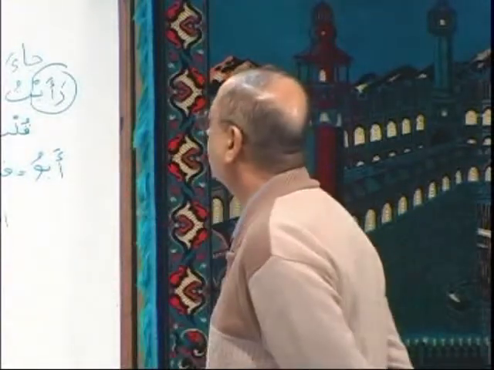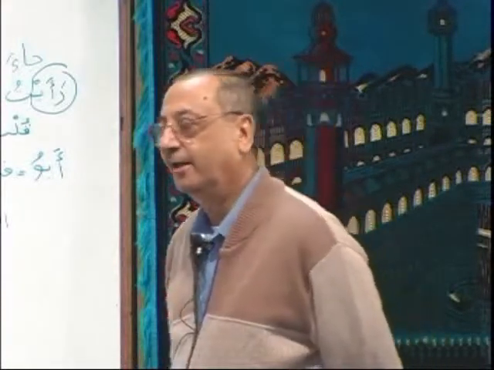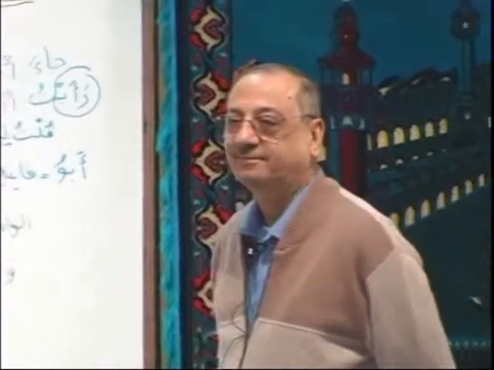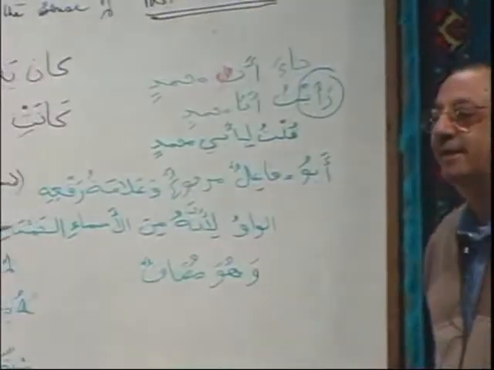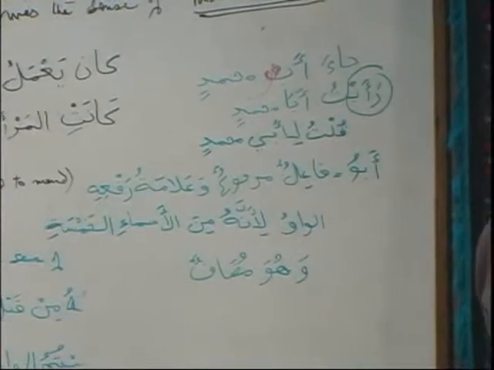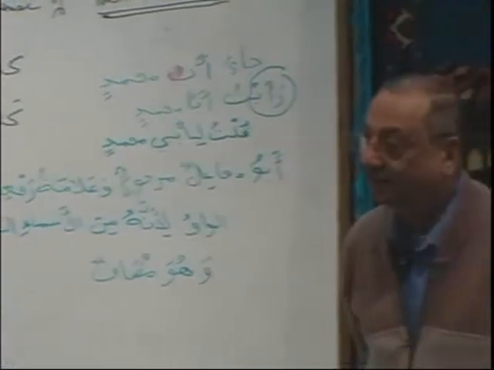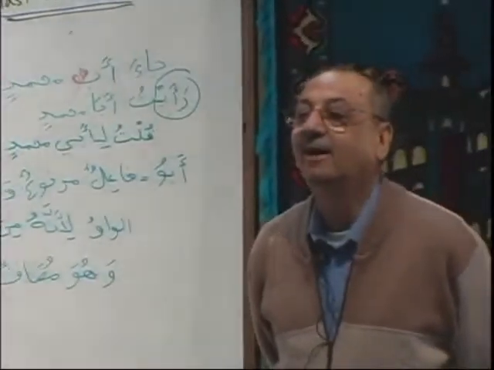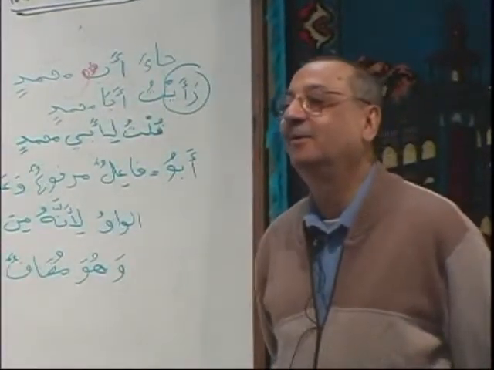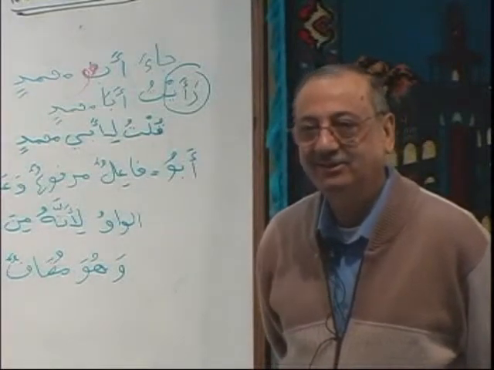Now I say to you, brothers and sisters, qultu li abi: harf jar. What is abi? Ism majrur. So how will you describe? Abi ismun majrurun wa alamatu jarrihi al-ya'u li'annahu min al-asma' al-khamsa. Is it easy, inshallah?